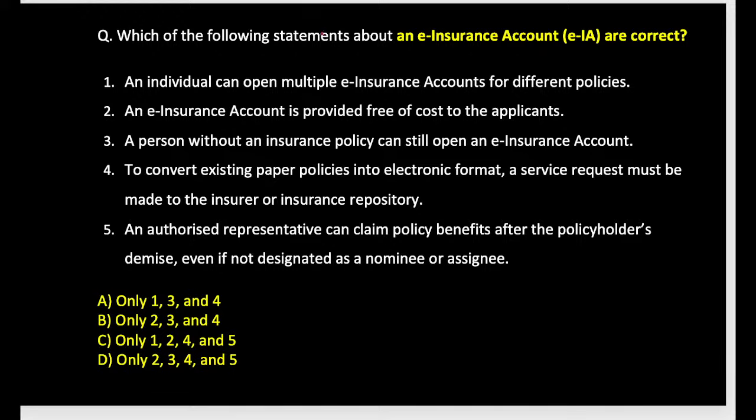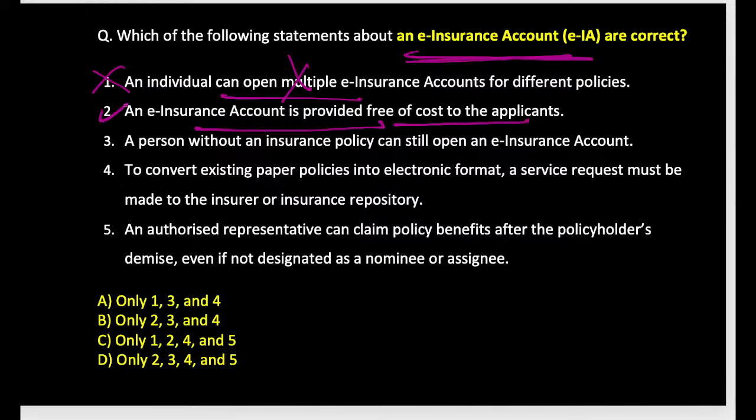Which of the following statements about e-insurance account are correct? An individual can open a single account, and through that single account you can maintain all the accounts. The second statement: an insurance account is provided free of cost to the applicant. A person without an insurance policy can open this one. True है.